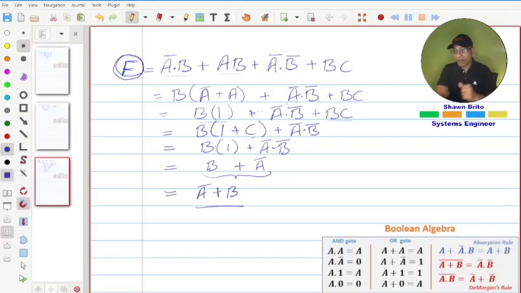But in the final answer, I have only not and or. I don't have anything else. So I went from 10 transistors down to just 2 transistors.